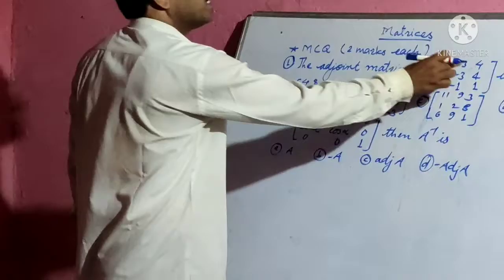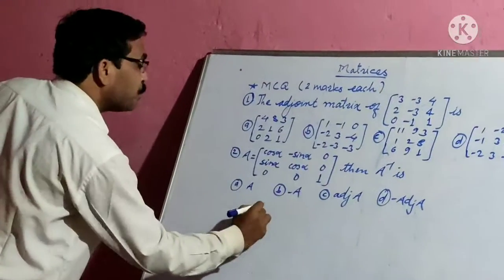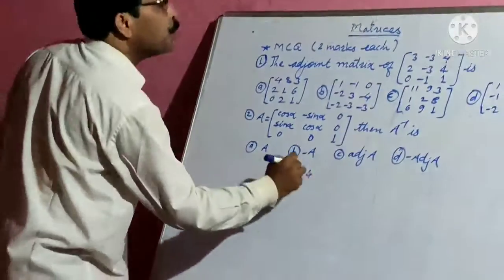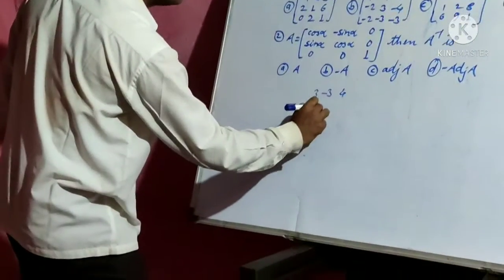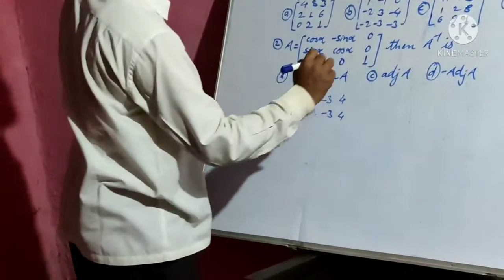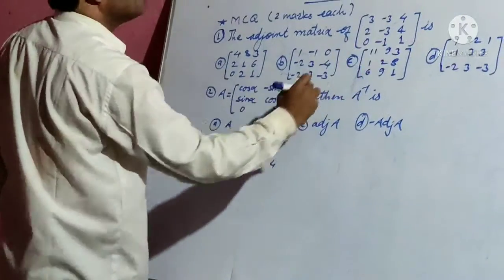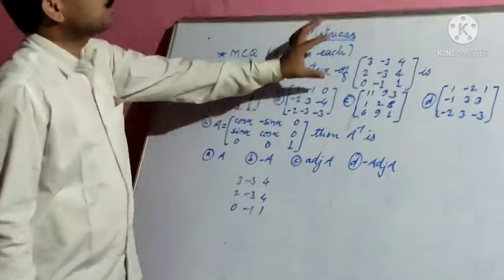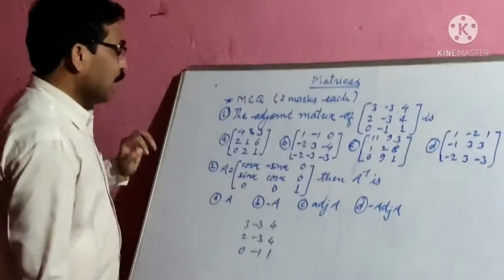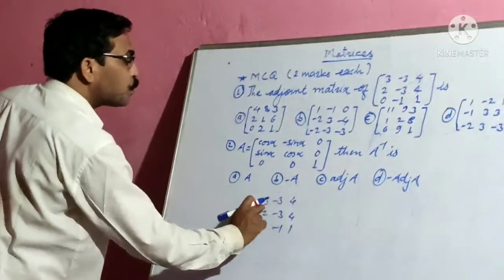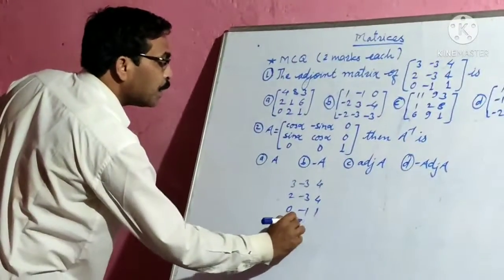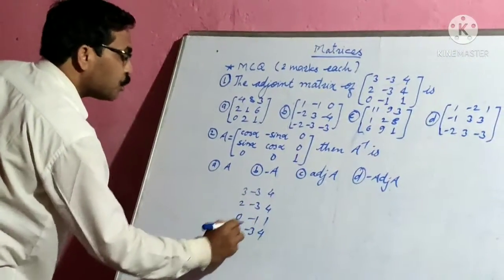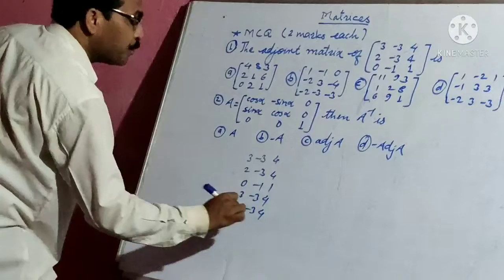Now write down this matrix. First row 3 -3 4, 2 -3 4, after that 0 -1 1. Now these are the rows of the given matrix. After that, I write down this first row 3 -3 4 again, and the second row 2 -3 4 again.